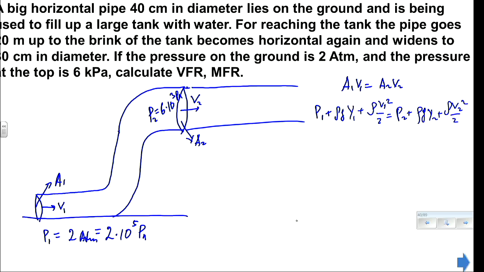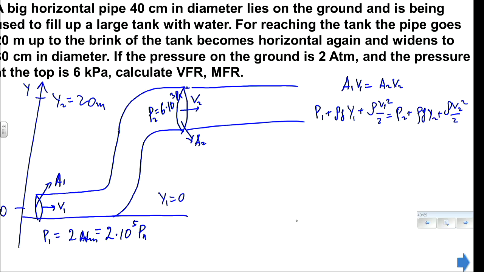Now let's start thinking a little bit. First of all, we need to choose the zero level, and of course, natural choice is at the ground, which makes this equal 0, and which makes this equal 20. So now let's use numbers.